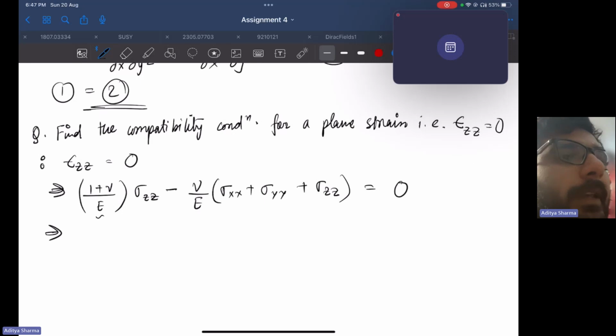Now this term and this term, they vanish. So sigma zz is equal to mu times sigma xx plus sigma yy.